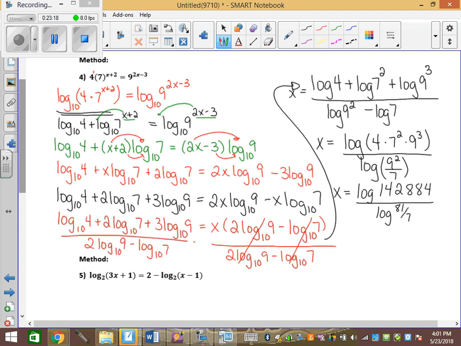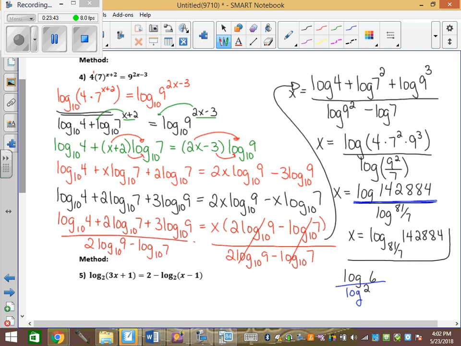Now remember, I could write log base 2 of 6 like this, log 6 divided by log 2, correct? So if I have log 142,884 divided by that log, I can actually rewrite it as log base 81 over 7 of 142,884.